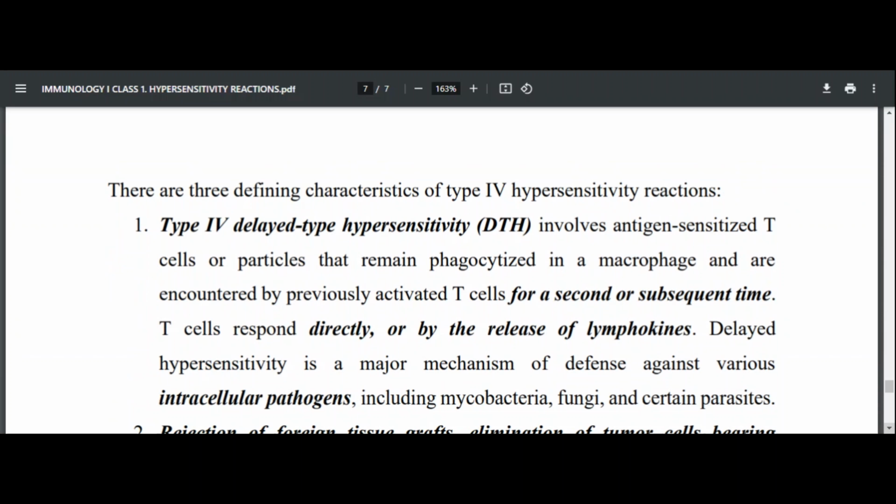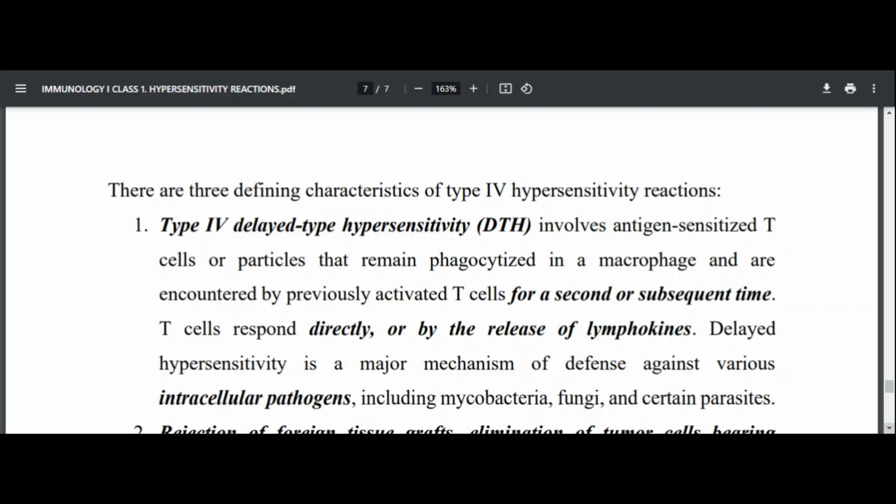So DTH involves antigen-sensitized T lymphocytes or particles that remain phagocytized in macrophages and are encountered by previously activated T cells for a second or subsequent time. So here you can see that the problem is re-exposure, or second or subsequent exposure, of T lymphocytes because of some antigen or because of phagocytosed antigen or particles in macrophages or other phagocytes.